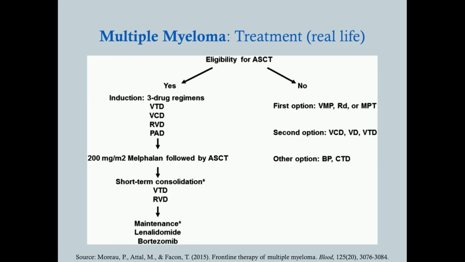Okay, so this is the real-life treatment for multiple myeloma. Now, I want to preface this by saying that there is a lot of disagreement on what the exact treatment for multiple myeloma should be.